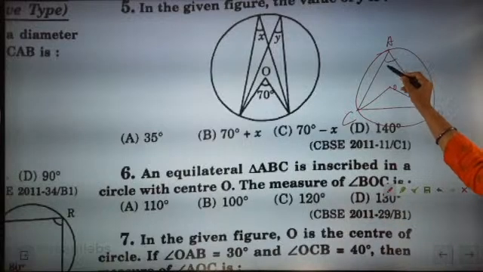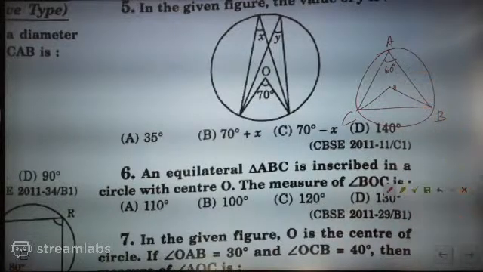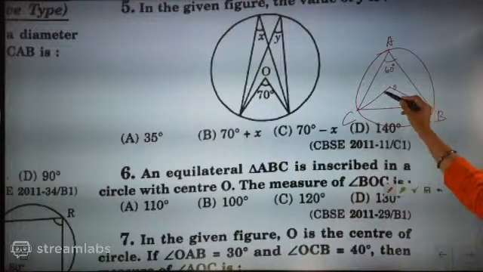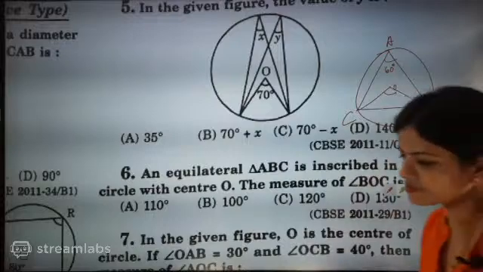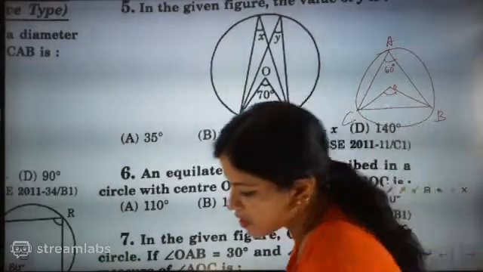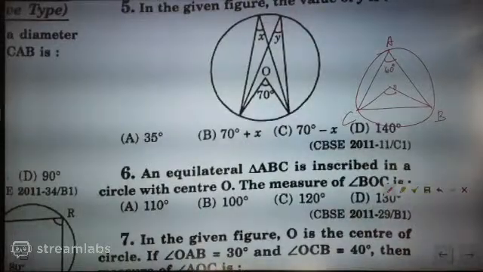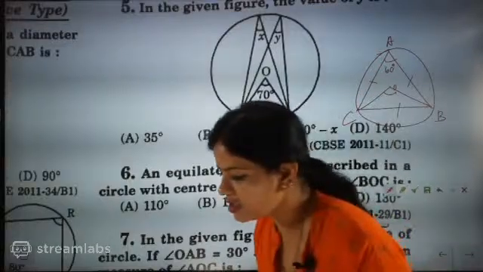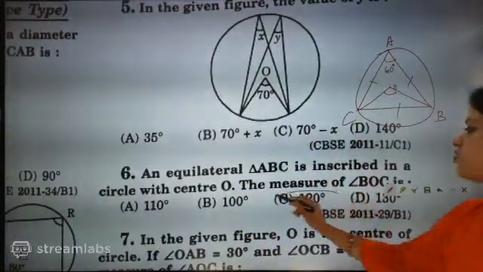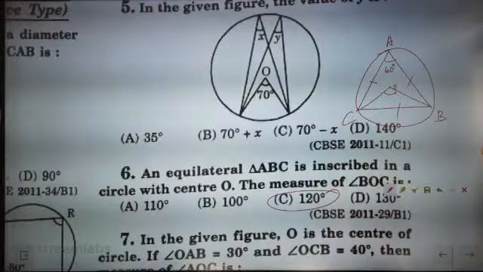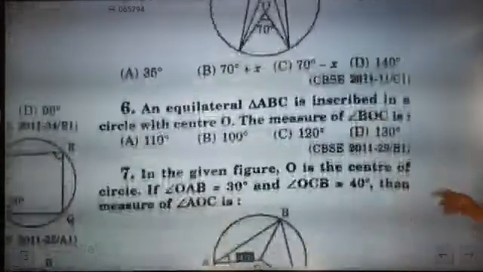This is an equilateral triangle, all sides are equal, so each angle will be 60 degrees. From the center, what will be the angle? Yes, absolutely, the answer is 120, double of the angle on the circle.